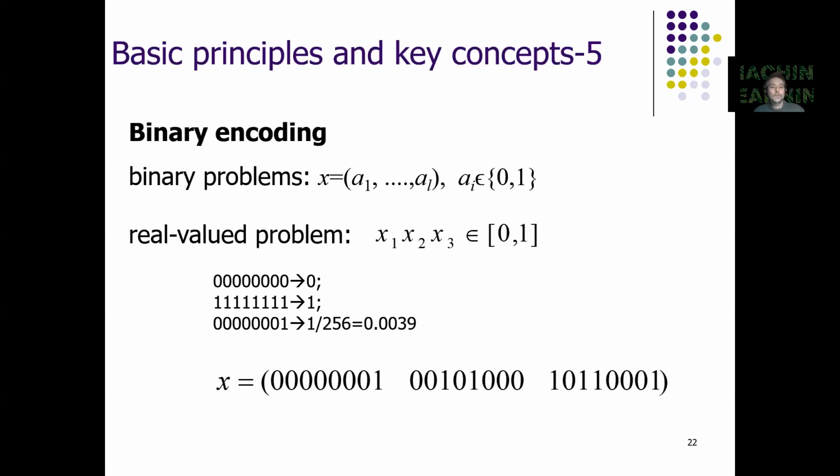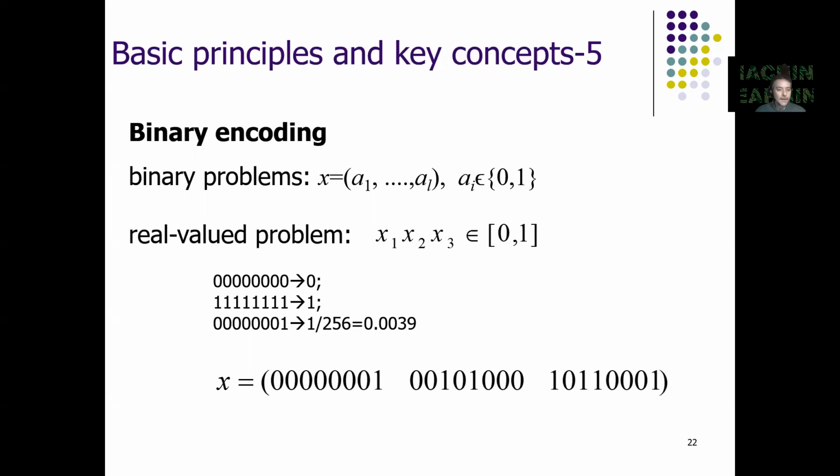If you have a real value problem, so your variables x1, x2, x3 can take any value in the interval, let's say 0 to 1, then you have to have a form to transform the real values into binary. And this is what I have done here in a simple way to show you how things work.